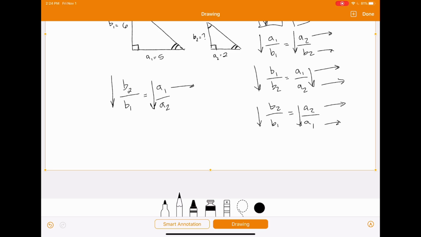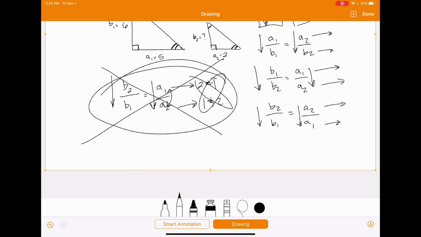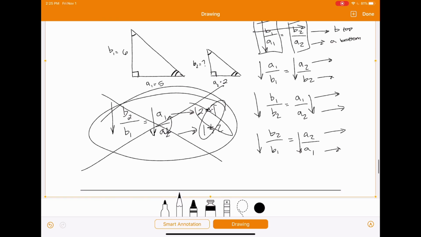But on the top here, you're crossing numbers, you've got a 2 and a 1, and a 1 and a 2, where you need it to just be one or the other. So you would need to flip one of these fractions. All right, so you don't want to do that. All right, just be consistent, top and bottom, left and right.